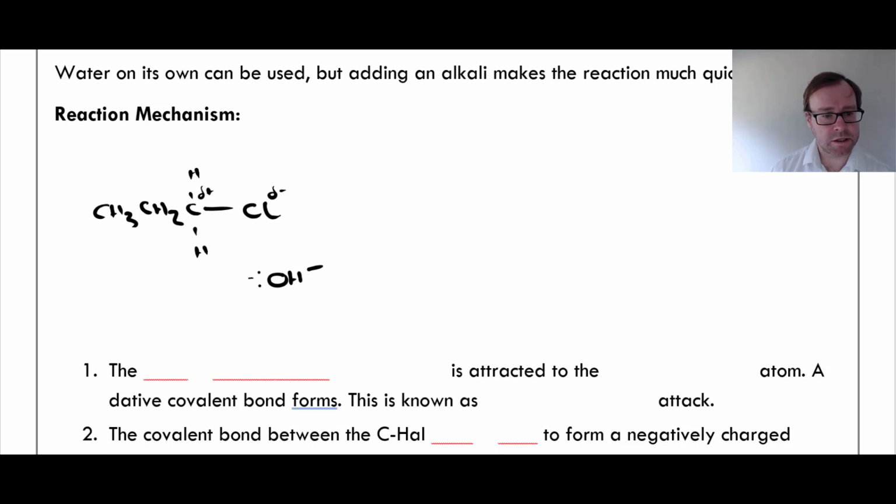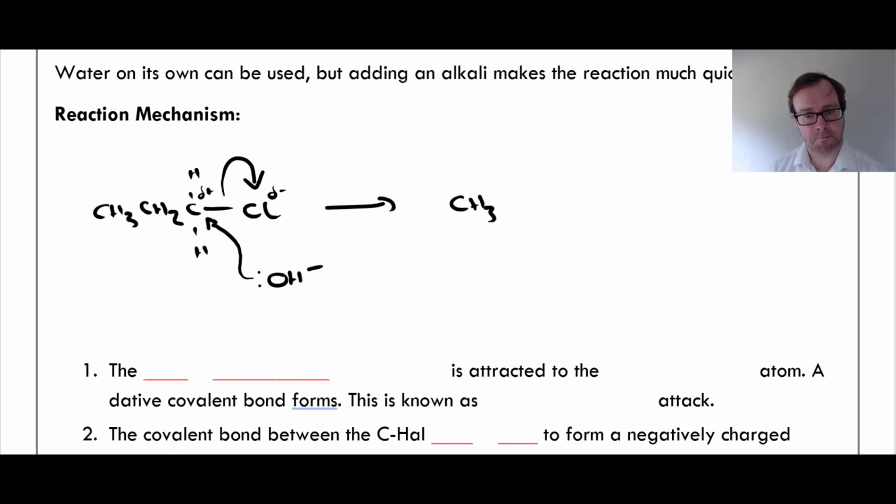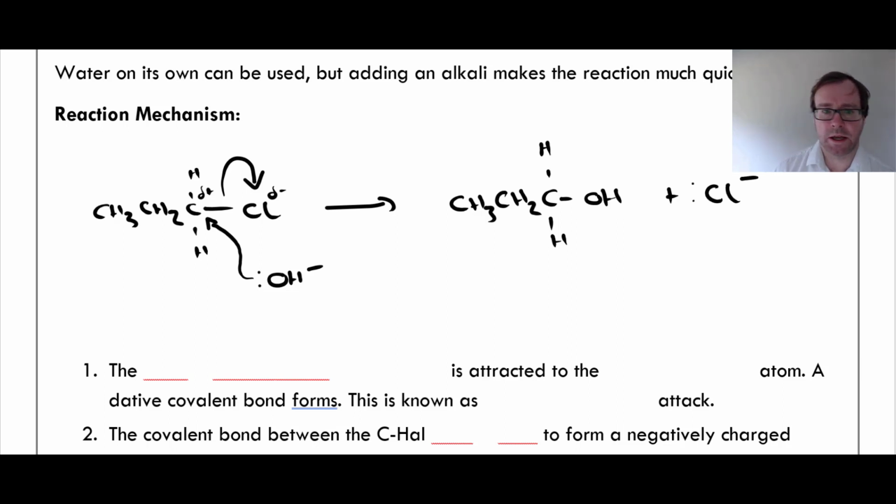This lone pair is attracted to my electron deficient carbon atom, my positive carbon atom, and it forms a dative covalent bond. That means this covalent bond breaks. We form a new dative covalent bond with the OH minus, and we remove our halide ion.